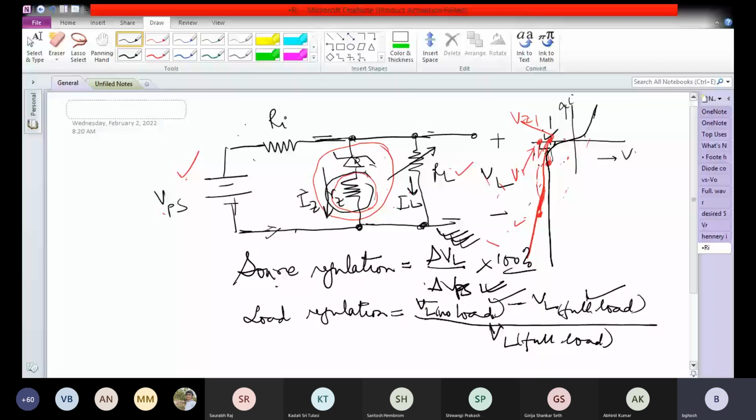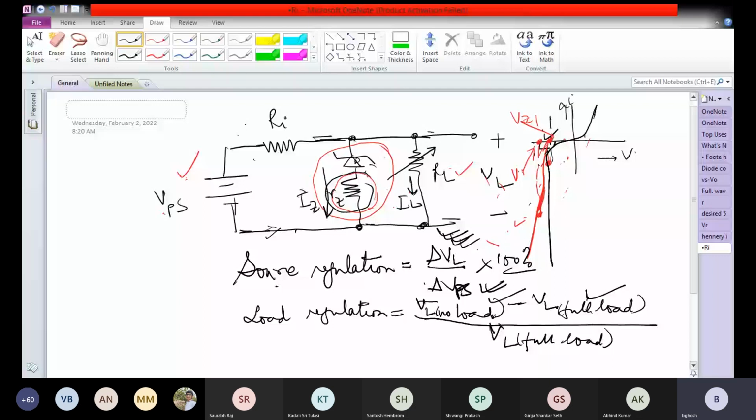Okay, so how much the voltage varies when there is no current through the circuit, IL is 0, and that is the load resistance RL is infinite, or the circuit is open circuited. Output current IL is 0 means RL is not there. And when I put the minimum value of RL so that the maximum rated current flows through the load RL, what is the difference in the output voltage VL under these two circumstances?